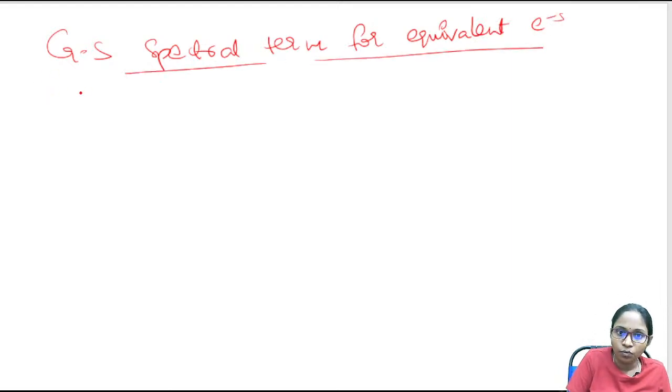To find out this ground state spectral term, you have to follow Hund's rule.